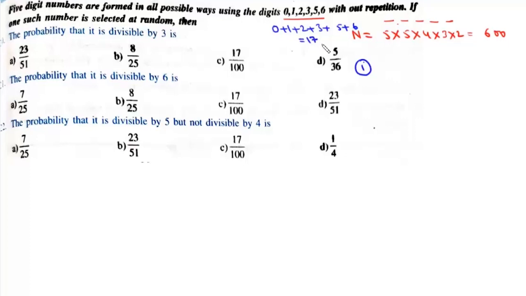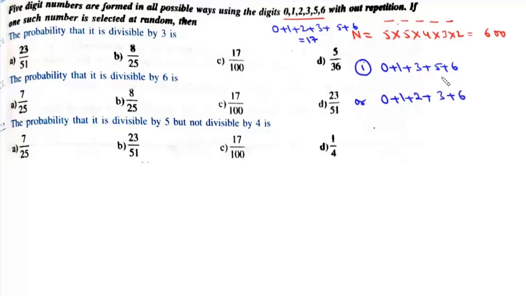Now we need a multiple of 3. If we discard this 2, then we are left with 0 plus 1 plus 3 plus 5 plus 6, or if we discard this 5, then we have 0 plus 1 plus 2 plus 3 plus 6, and there is no other possibility.